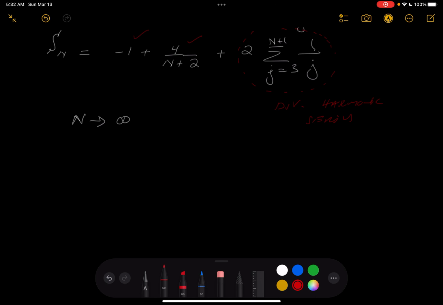So the series that we were given diverges. Let me write that down for you. The series, j equals 1 to infinity, of 2 over j times j plus 1 times j plus 2, is divergent.